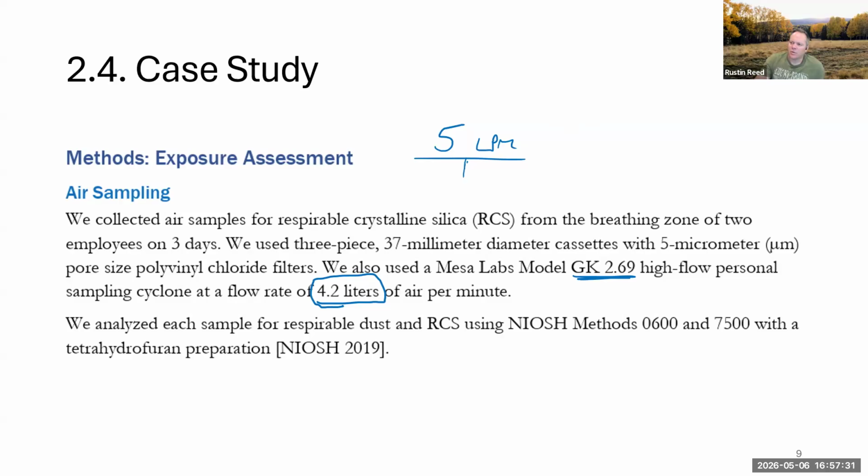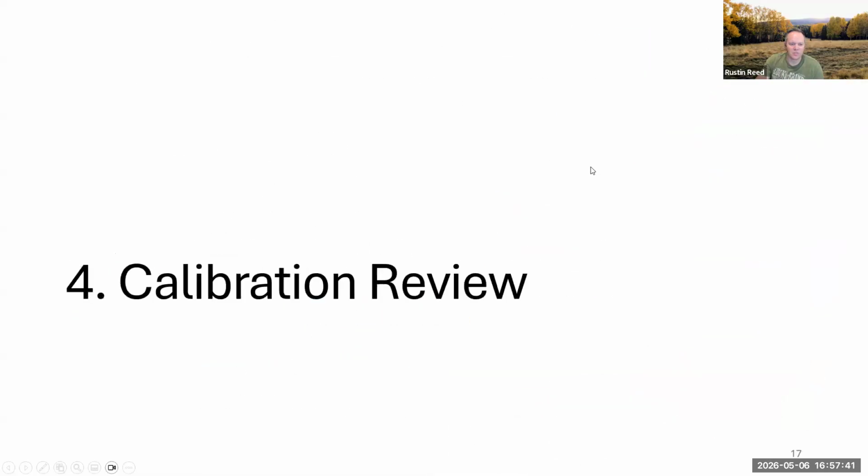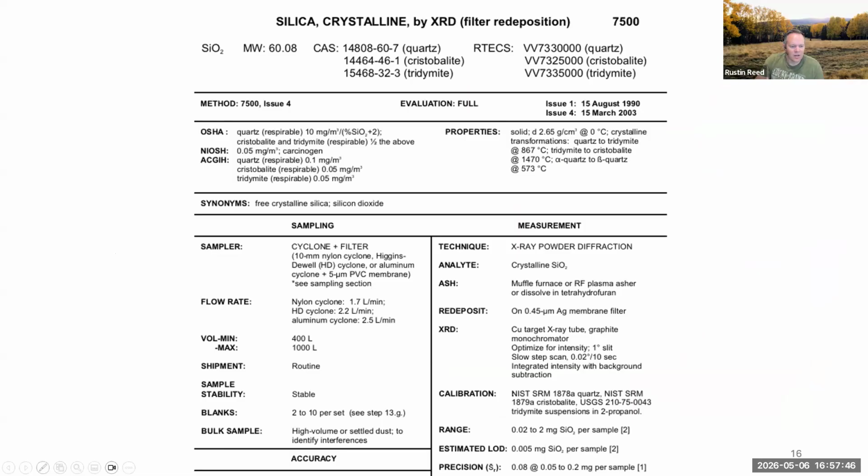And then a little bit related, Edu, sorry if I'm saying your name wrong, asks, why would you use a flow rate of 4.2? That's a great question. Well, this method does not specify for the GK.